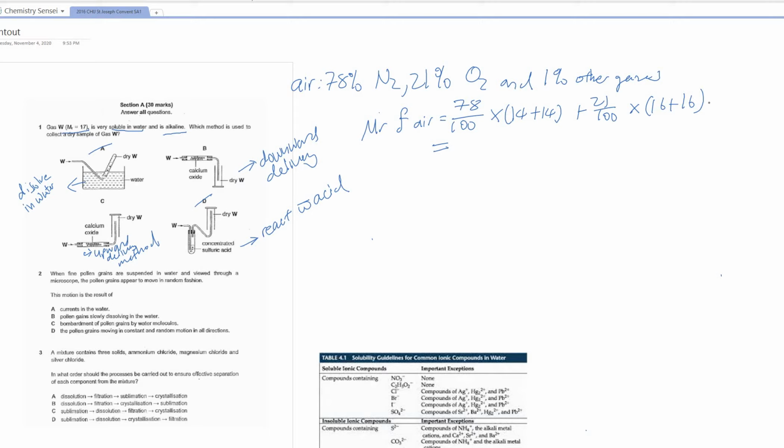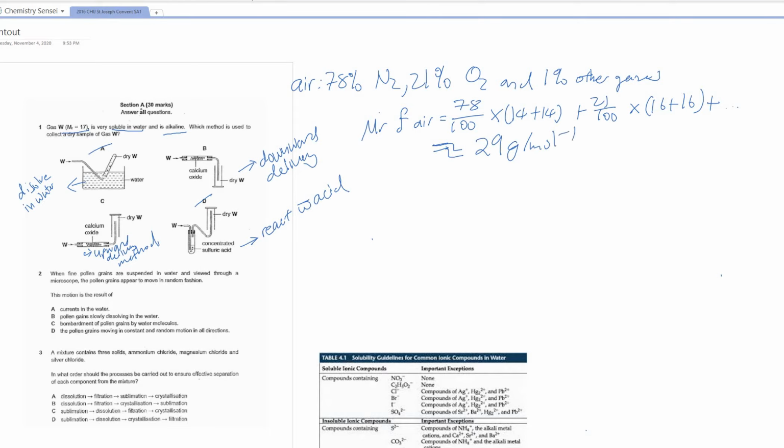We do not include the other gases as there are too many to account for, so this is just an estimation. Once we press our calculator, we get approximately 29 grams per mole.